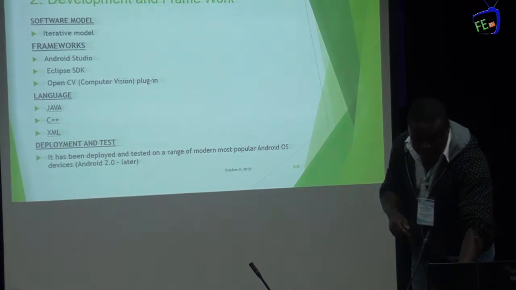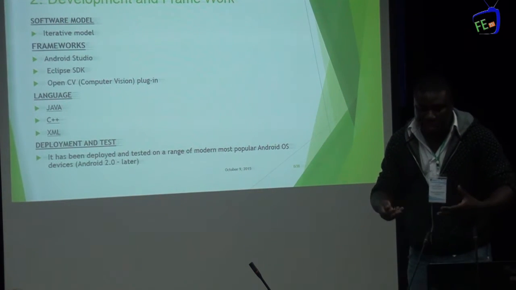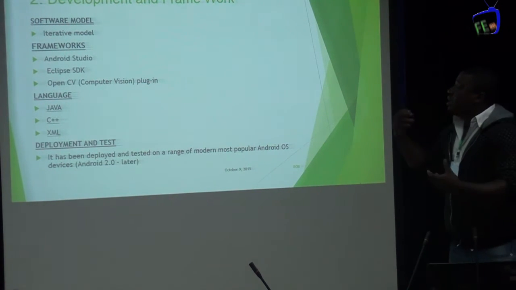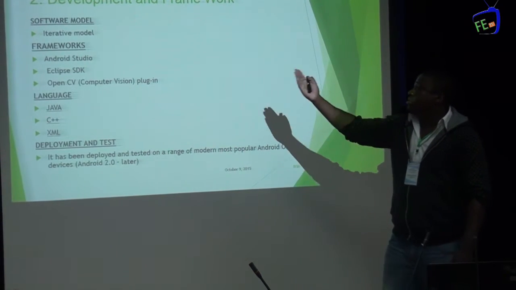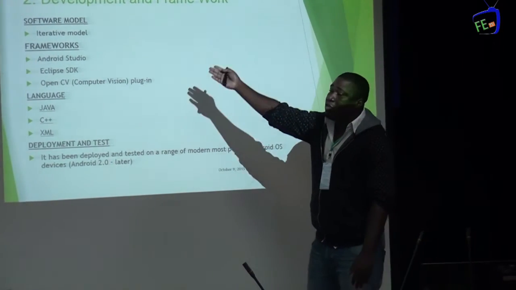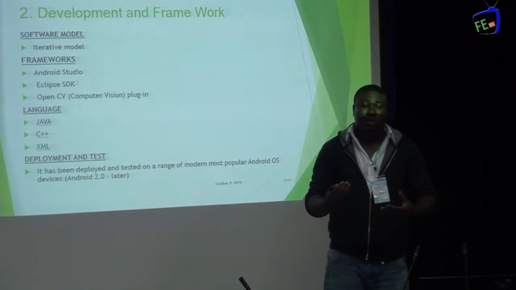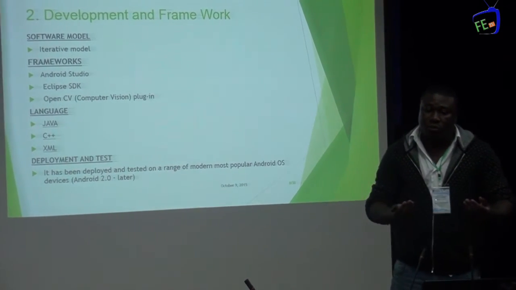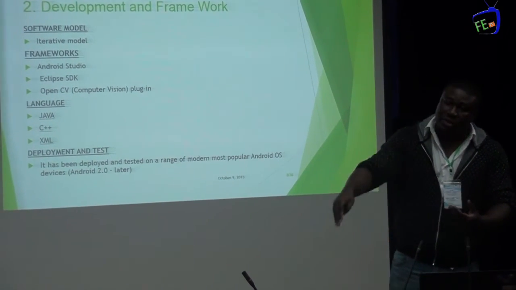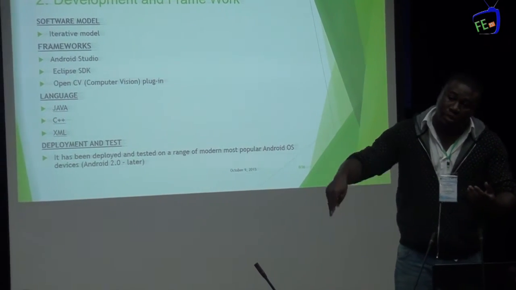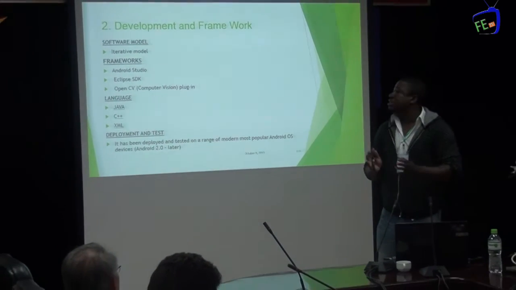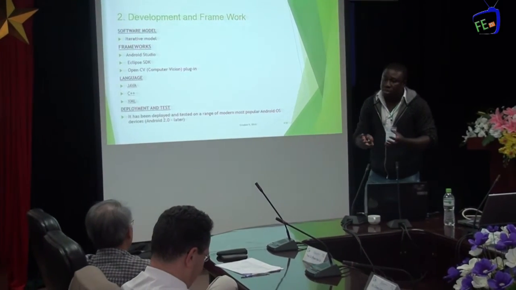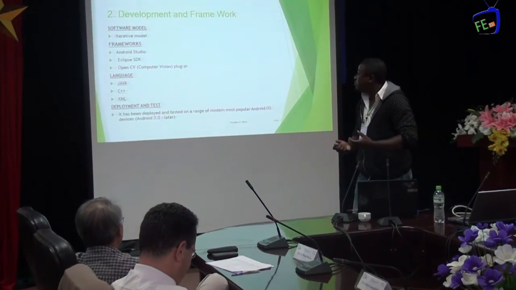Now, we'll get to seeing the demo, but first of all, let's talk about the framework used to design this. Of course, we used an iterative model, which simply means we develop, test, go back if there are any bugs, and keep going in the cycle until we get a stable version of the app.